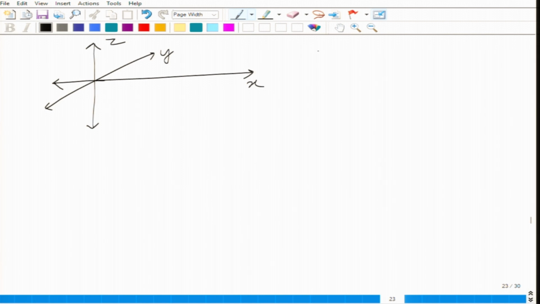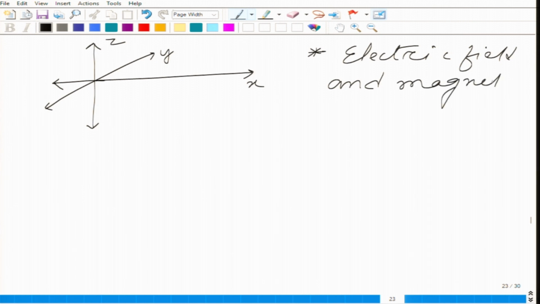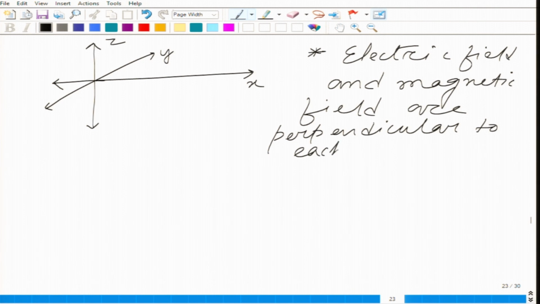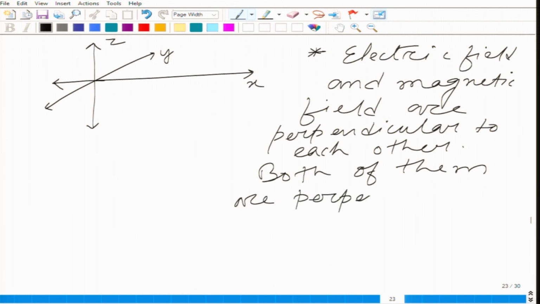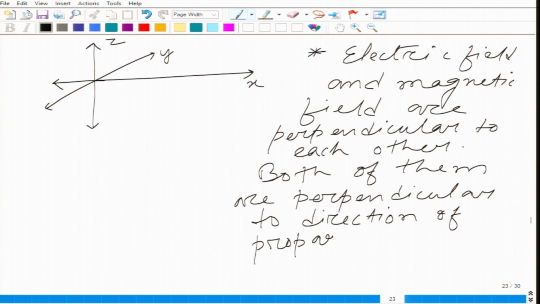Now the most important point is that the electric field and magnetic field are perpendicular to each other, and both of them are perpendicular to the direction of propagation of radiation.